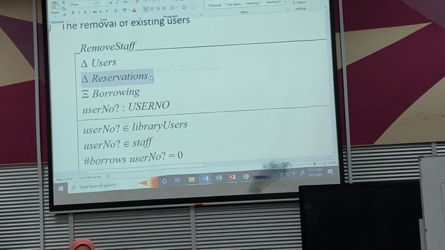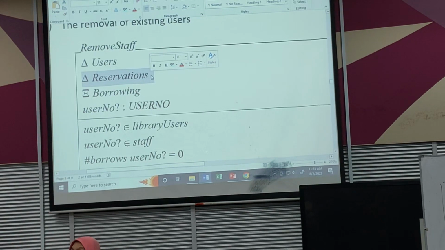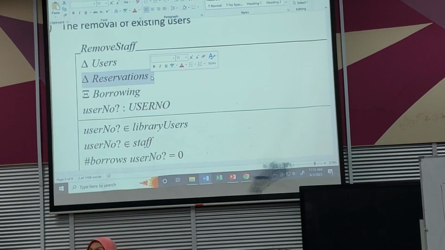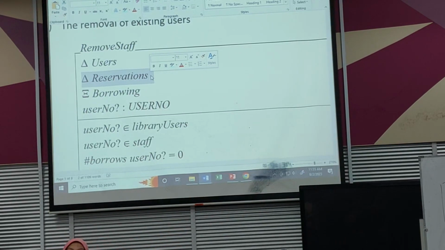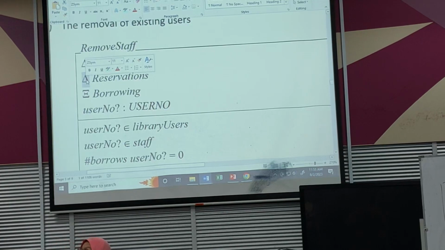Maybe also because I remove staff, there will be an update to reservation. Maybe the staff resigned, so he already reserved some book in the library, so I have to remove his name from reservation also. Then reservation is my friend's module, but because I am removing the staff, I need to update his database also. So I need to make sure that his database will be updated with the delta symbol also.